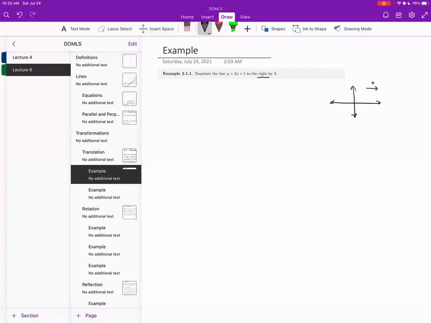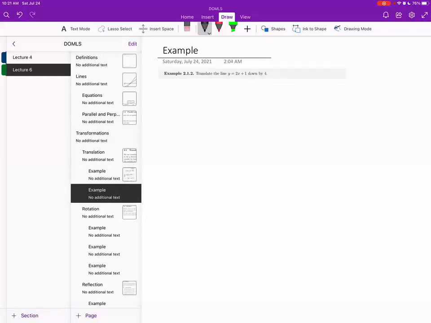We're going to change x to x minus 3. Our new equation is going to be 2 times x minus 3 plus 1. When we simplify, we get 2x minus 6 plus 1, or 2x minus 5. That would be our new equation, which is shifted to the right by 3.